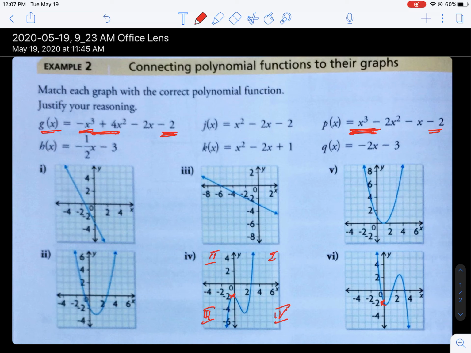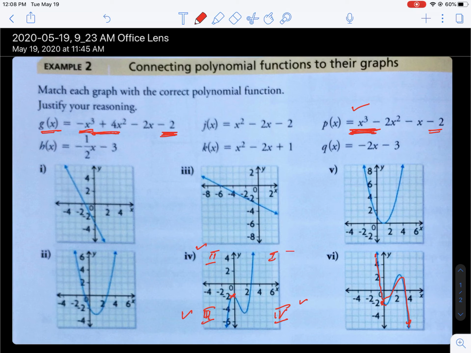The left quadrant, quadrant 2 and quadrant 3, this is where the graphs originate, and they extend towards either quadrant 1 or quadrant 4. If the graph extends towards quadrant 1, then it's an increasing function. That means the leading coefficient should be plus. Okay, if we look at this one, the graph originates in quadrant 2 and it extends towards quadrant 4. That means it's a decreasing function.